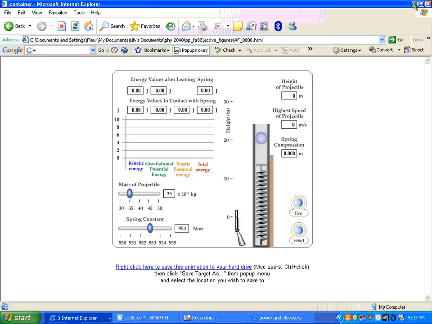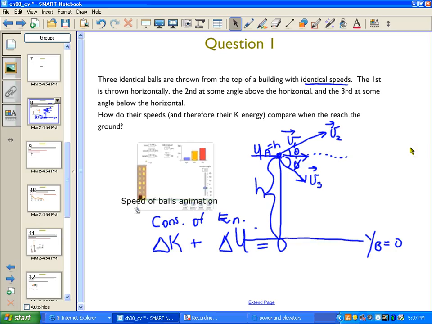All right, so now let's go ahead and see if we can work out the argument that we can make. In this case, KB minus KA plus UB minus UA equals 0.